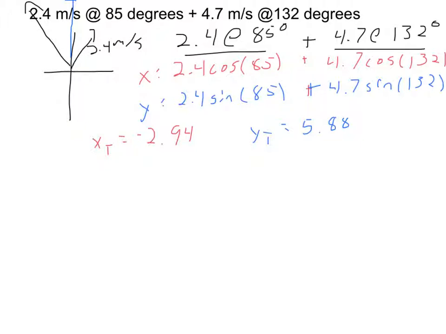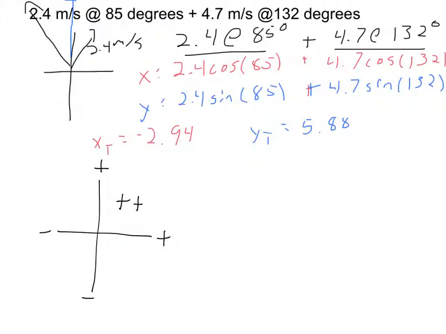Now, this negative here might seem a little confusing to you, but think about something. Let's come back and draw a nice big xy axis. Quadrant 1 is positive x and positive y, right?